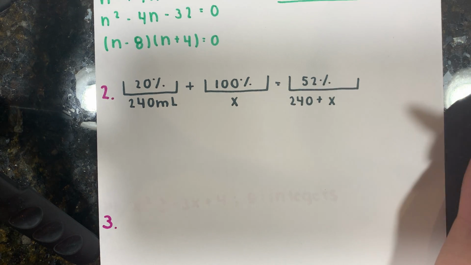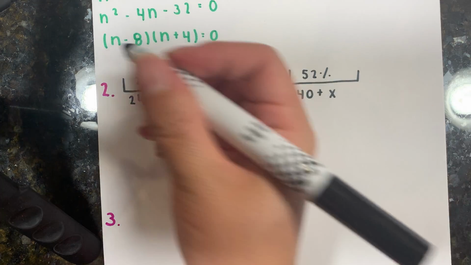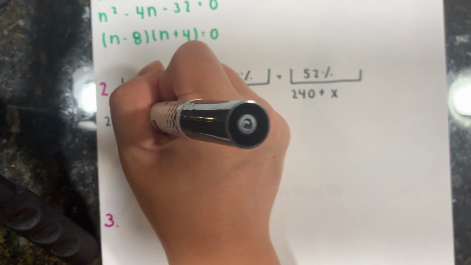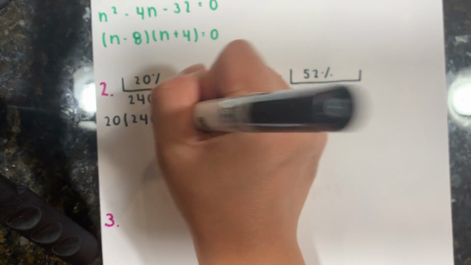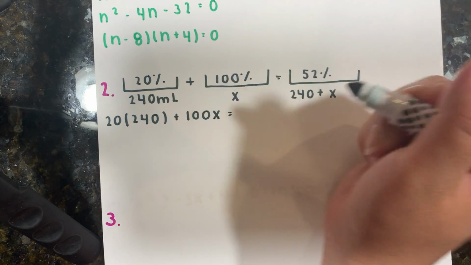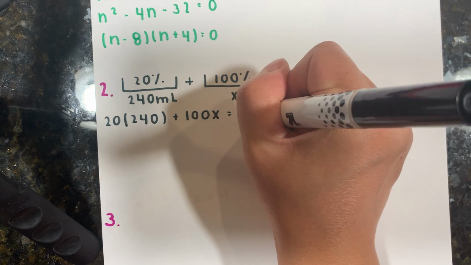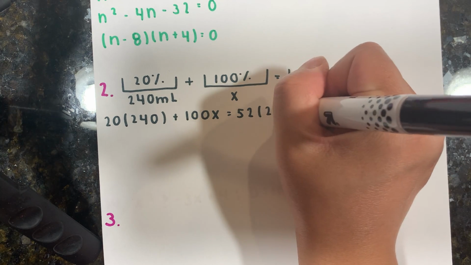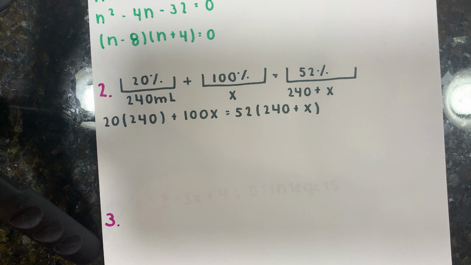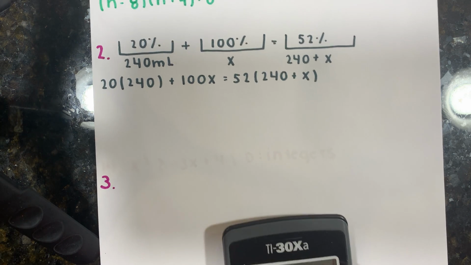So now I'm gonna create my equation, so that'd be 20 times 240 plus 100x equals 52 times 240 plus x. So it's all one equation, but one pretty long equation.